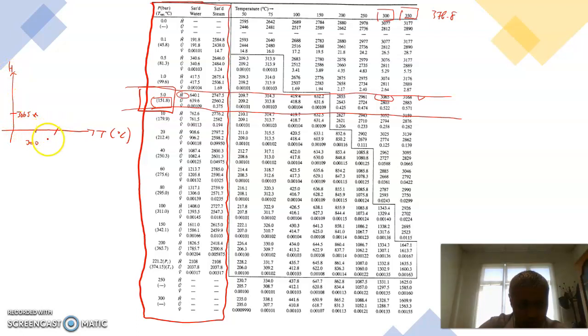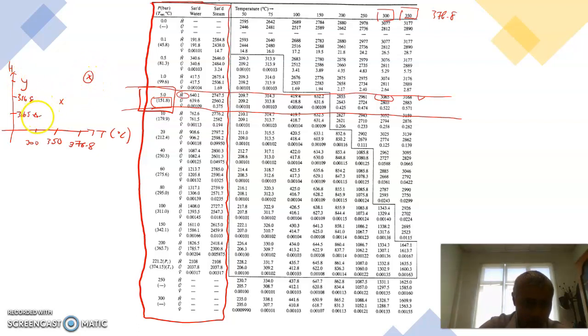Then we have 350, 3168, so we have the second point. Then we have the third point, which is at 376.8. So we have this value that needs to be found.